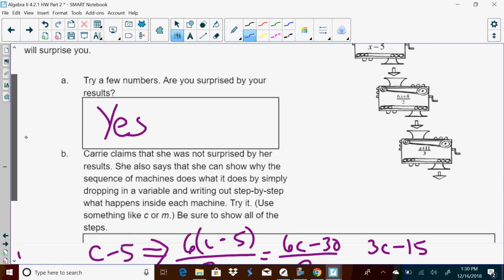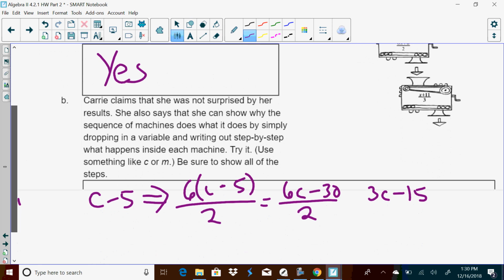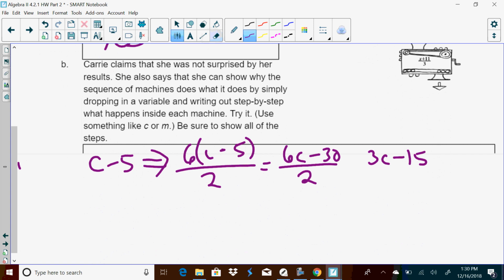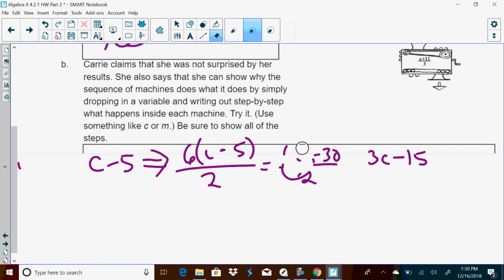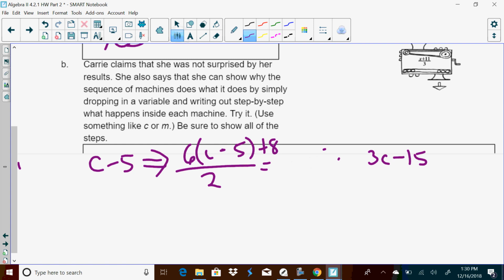Oh, I think I forgot to add 8. Let's go back a little bit. I left my plus 8 here. So divided by 2 ends up being 6C minus 30 plus 8 divided by 2.